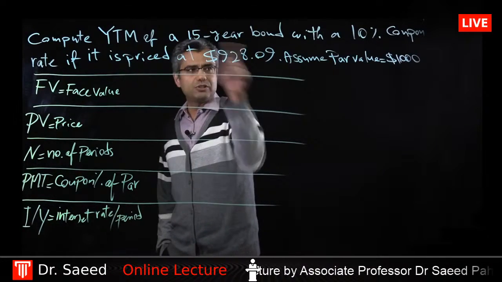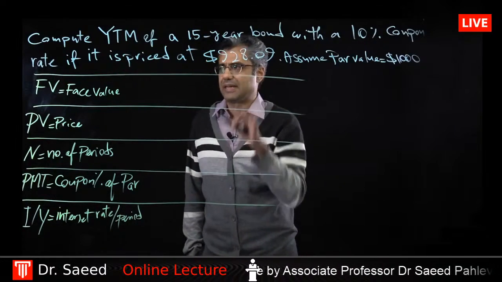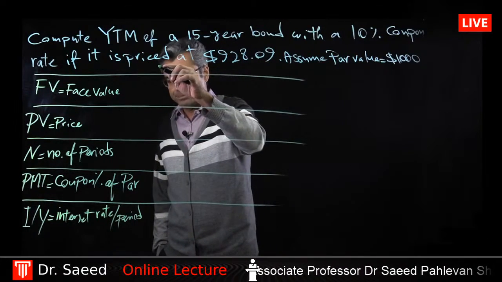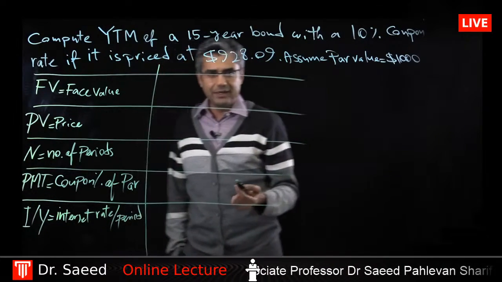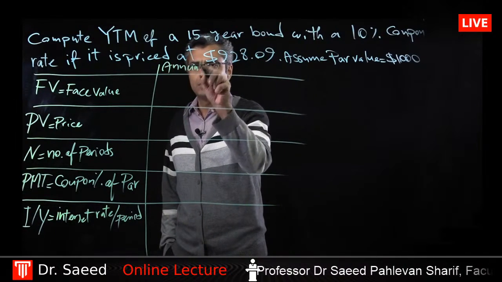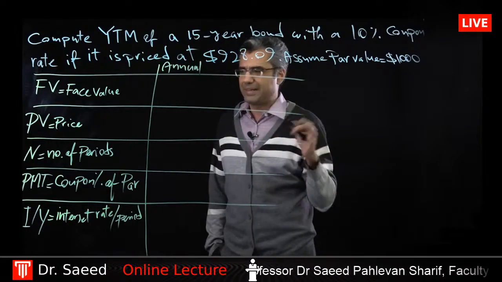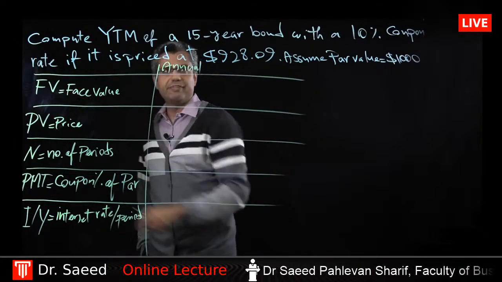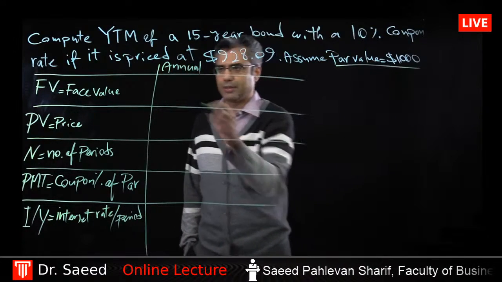Now, I want to answer these questions first assuming it's an annual bond, meaning the coupons are paid once a year, and then we assume it's semi-annual. So let's extract the information. Face value or par value is given to you: $1,000.